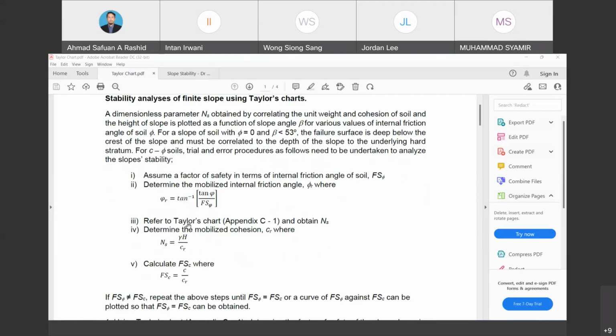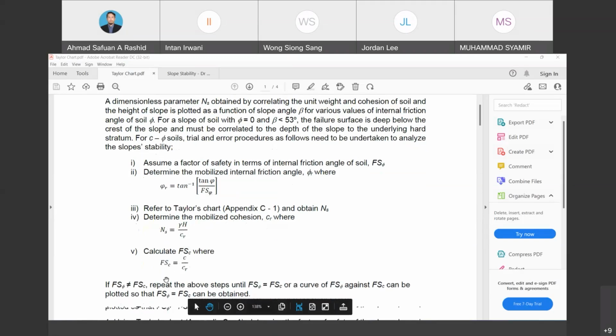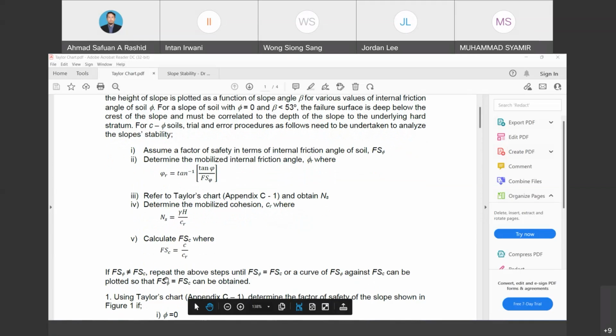Then we refer to the Taylor chart to obtain the NS. Then determine the mobilized cohesion from the NS value. So this is the CR. From the CR, the actual C divided by the CR is the FSC. A little bit different from Dr. Noli, who used directly the factor of safety equal to NS times C over gamma H, if I'm not mistaken.